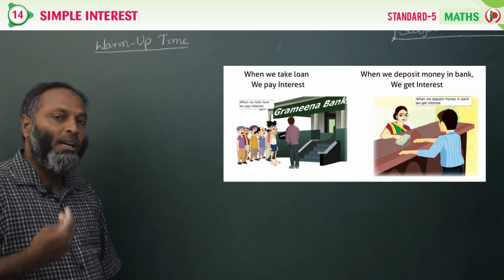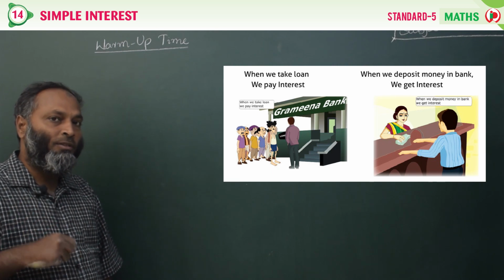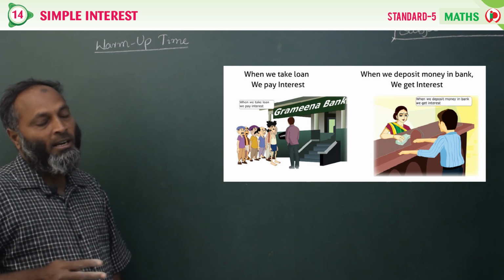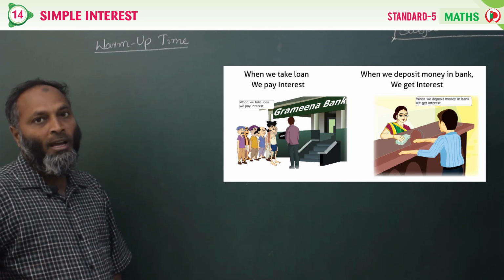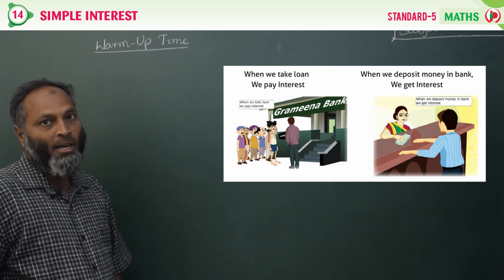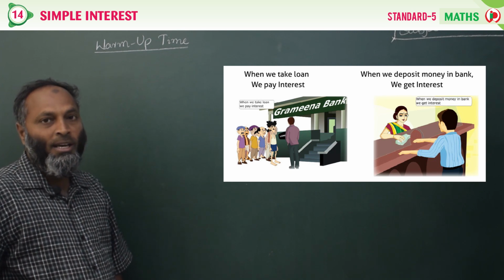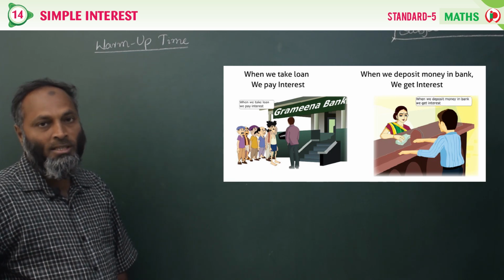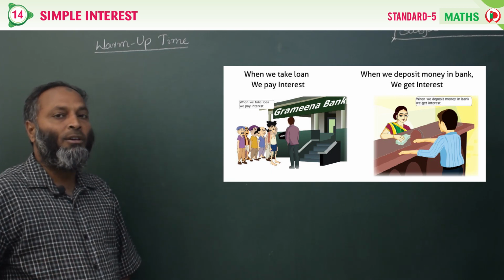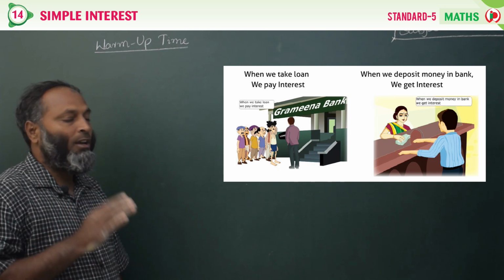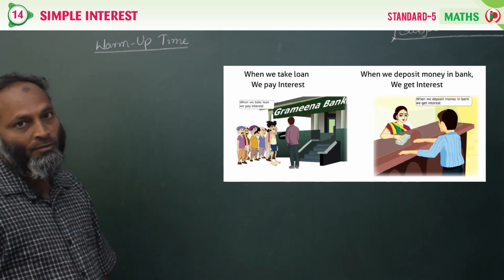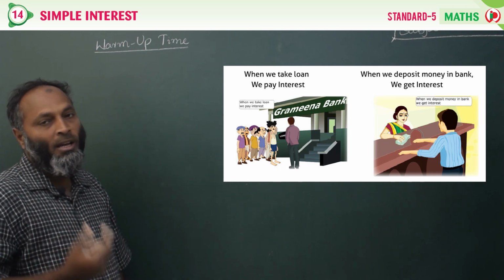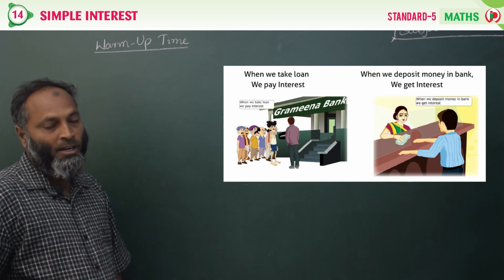Whenever we take a loan, we should also pay some extra amount, and that extra amount is interest. If we deposit our amount in the bank for safety, then when we get it back, they pay some extra amount. Suppose we deposit 100 rupees for 1 year, then after 1 year they will give 120 rupees.